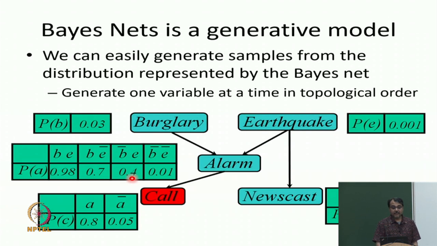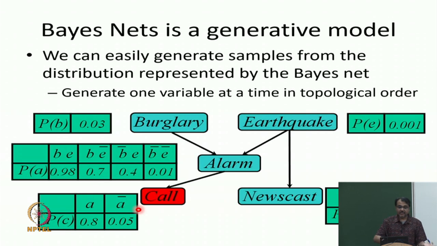Now, based on the probability of alarm, we figure out whether somebody called us or not, and so on and so forth. So, in other words, we have done these small probability flips, and at the end of all the flips, what do we have? We have one sample from the joint distribution.